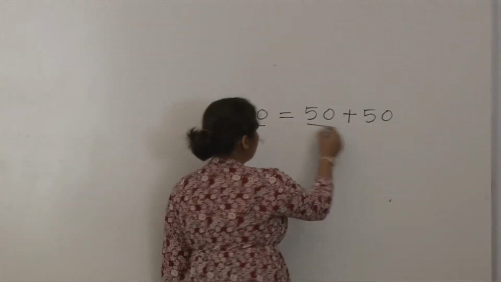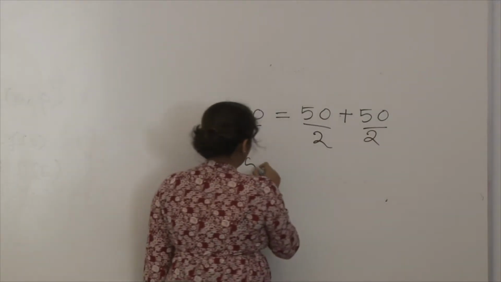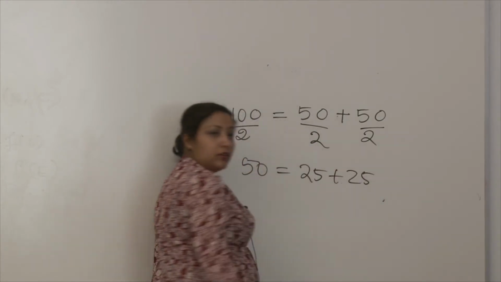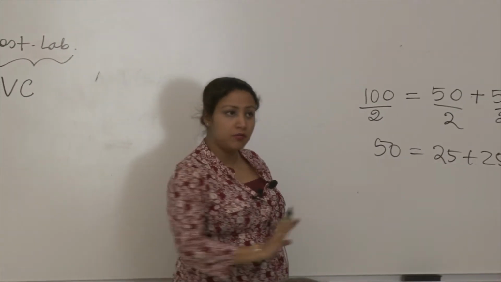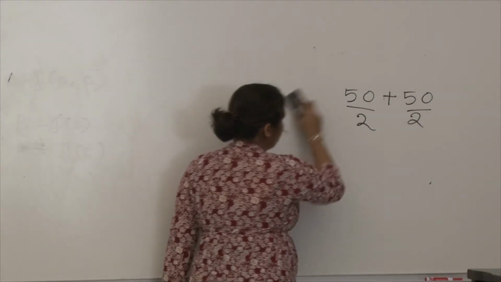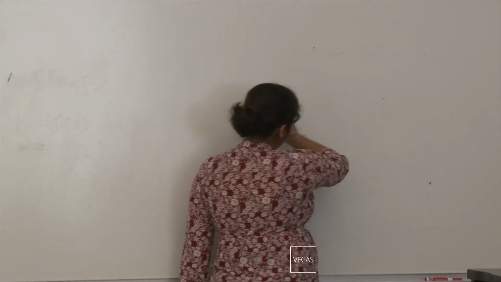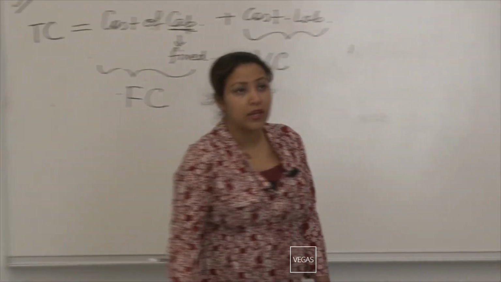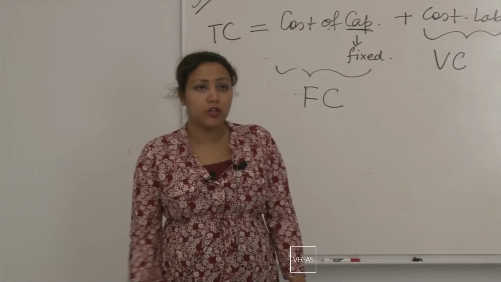I should divide this by 2 and I should divide that by 2. That will balance out the equation again. Correct? You understand this concept in math? Whatever I do, if I do a division or a multiplication on one side of the equation, I should do the same on the other side to balance out the left hand side and right hand side of the equation.